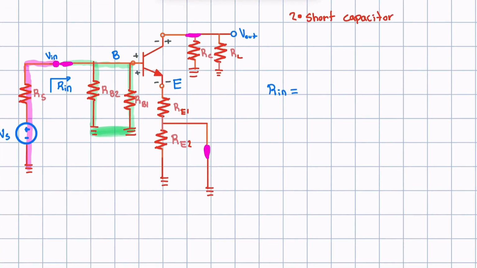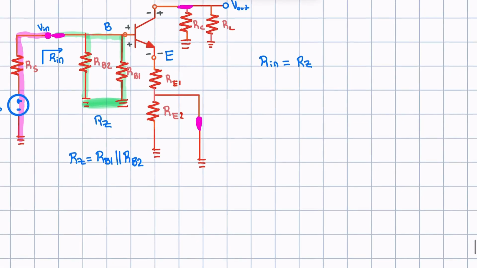I'm going to write their resistance as some other resistor, RZ. RZ is going to be equal to RB1 in parallel to RB2. Okay, perfect. Now, this resistance in green is RZ.